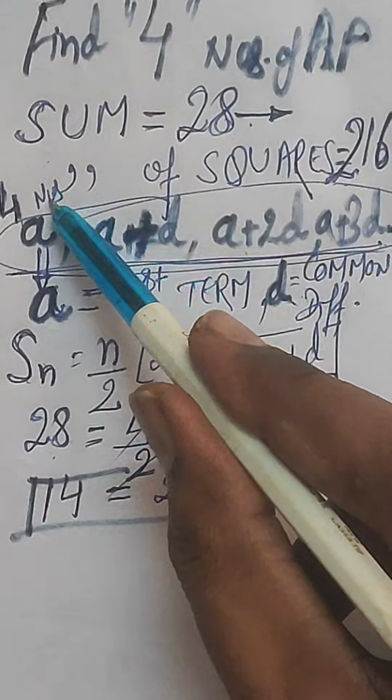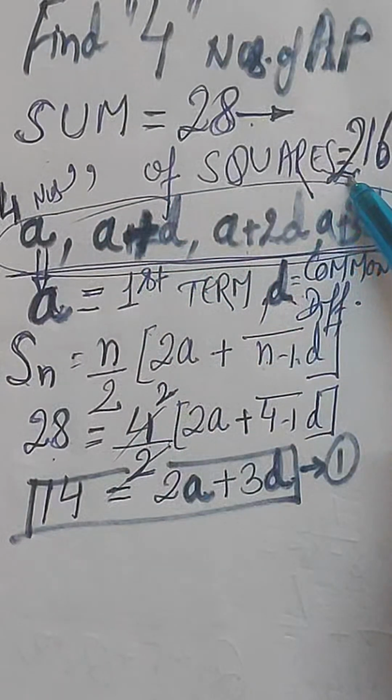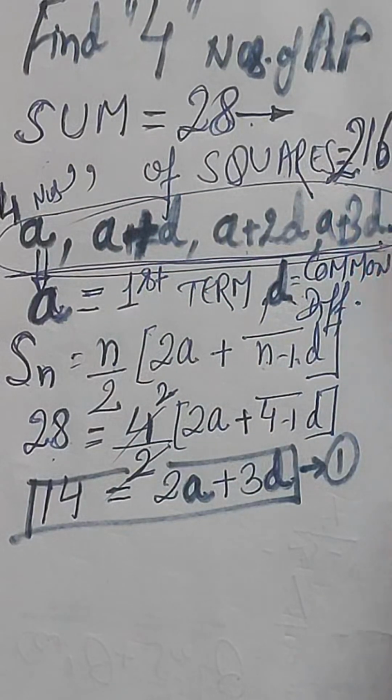Now the second relation given is that the sum of squares of these four terms of the AP is 216.